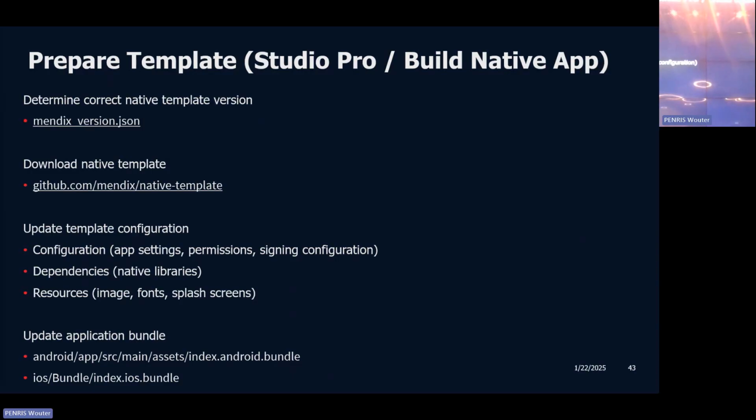These files, once they're done, are placed into the native template, and you can find them. I've listed the paths here. Once you've created the template, you can go there, check and see if that file has been placed there, and you can even look at it and do things with it if you want.